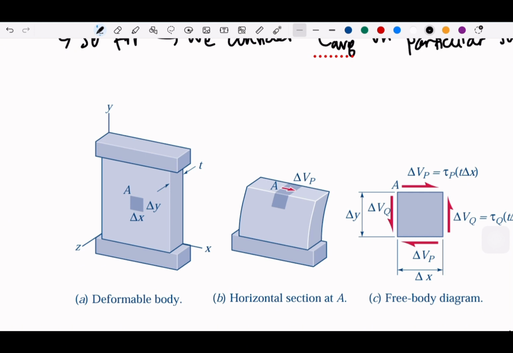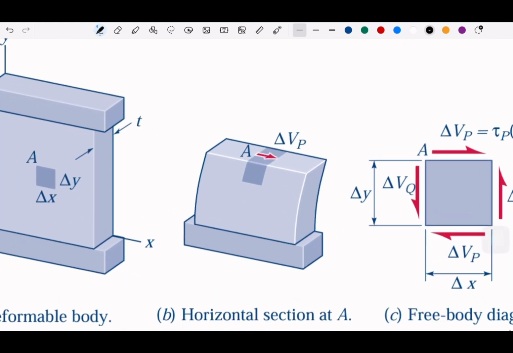And then we are going to see that when that happens, after deformations, we see that this is going to happen, and then we could draw the free body diagram of this small volume, or we call this the elemental volume.